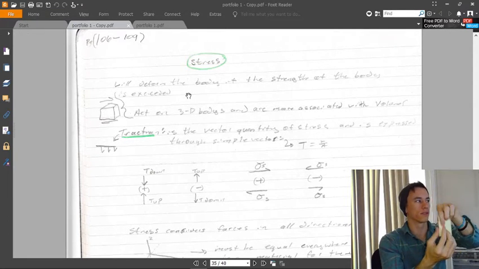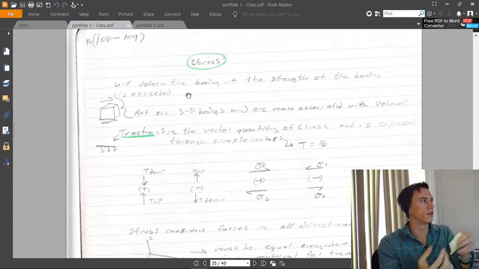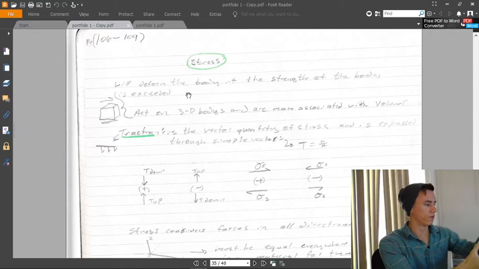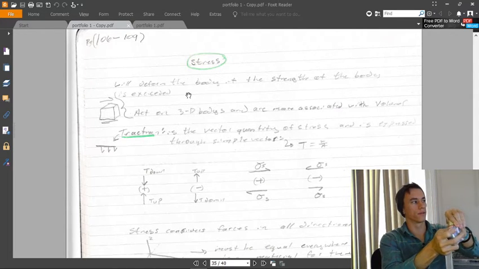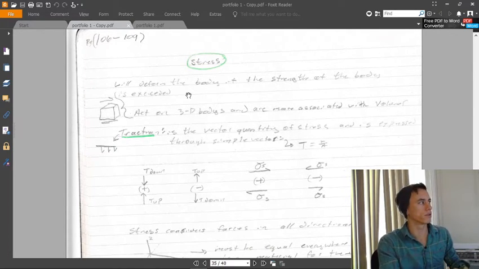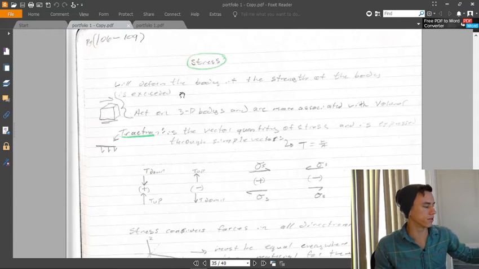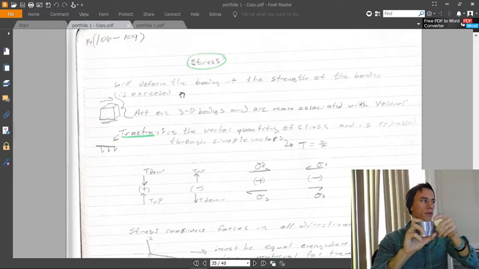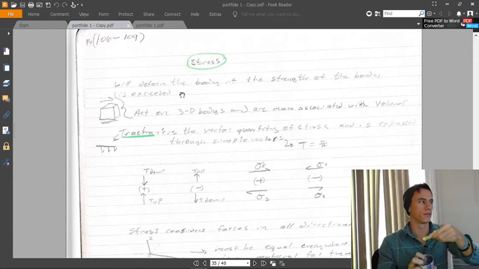The sheet of paper has a low strength, but I can't rip my slinky, the metal coils, because it has a high strength of the body. My force doesn't exceed the competency of this material, but it can exceed the competency of this.